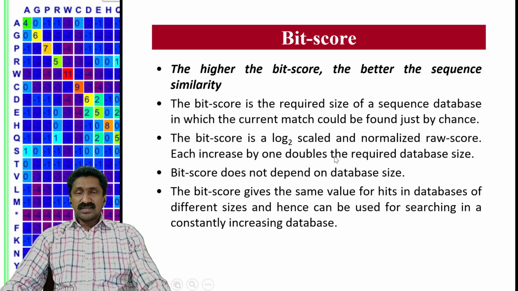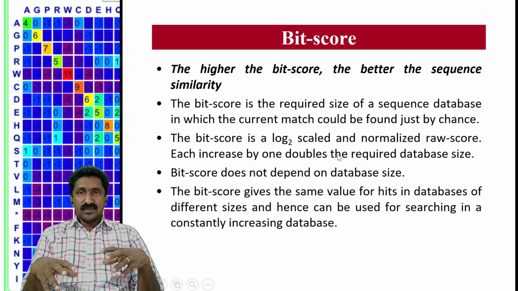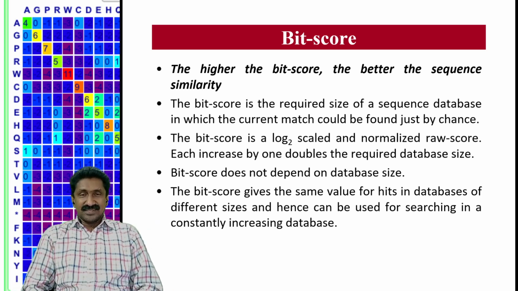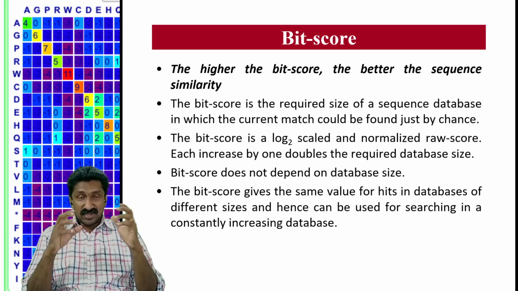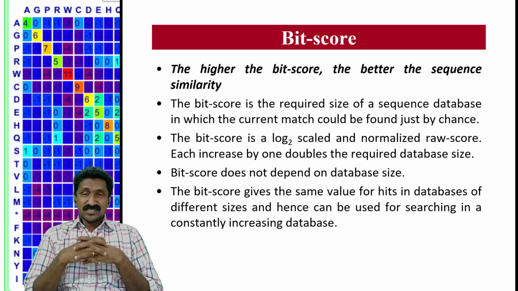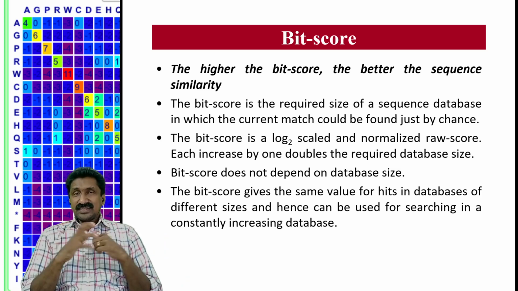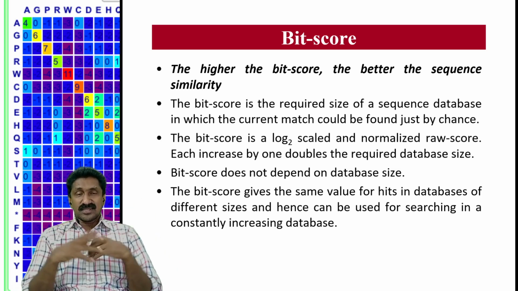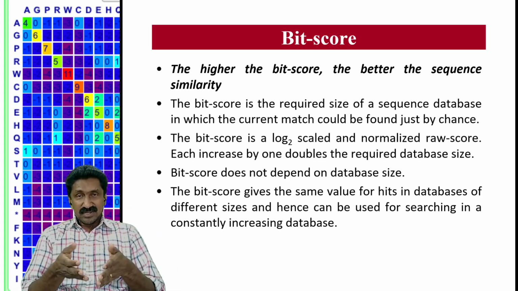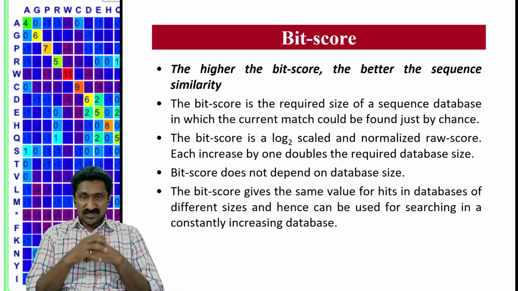If you are finding more and more random matches with the increasing size of the NCBI database, then there is a problem because your random occurrence will increase with the size of the database, and you know that the NCBI database is actually exponentially increasing.